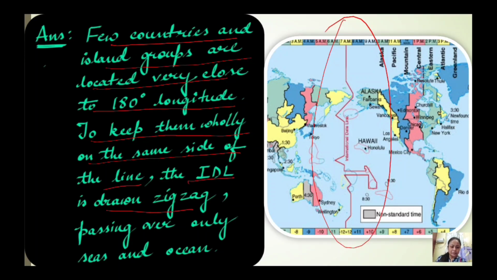So students, there are certain small islands which, if the line were drawn straight, some islands would come this side and the others would stay this side. So to keep all of them on one side, the international date line has been curved or made zigzag. So this is the reason why the line is not straight but zigzag.